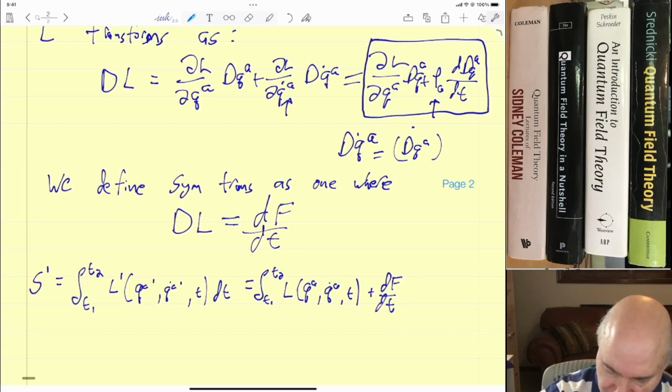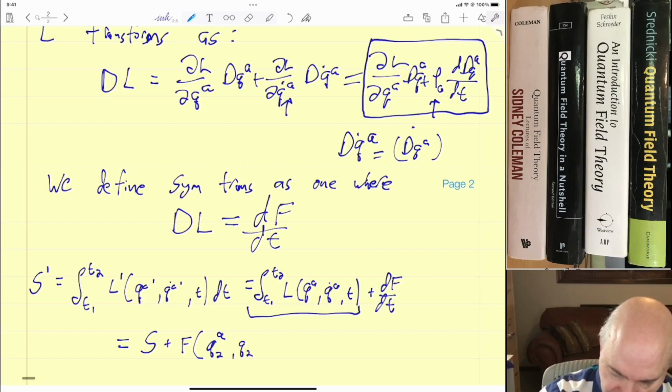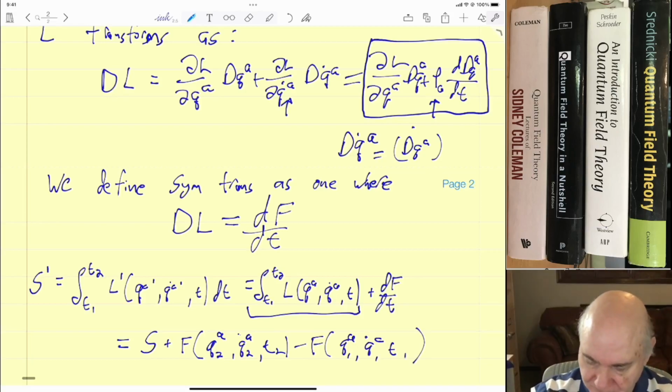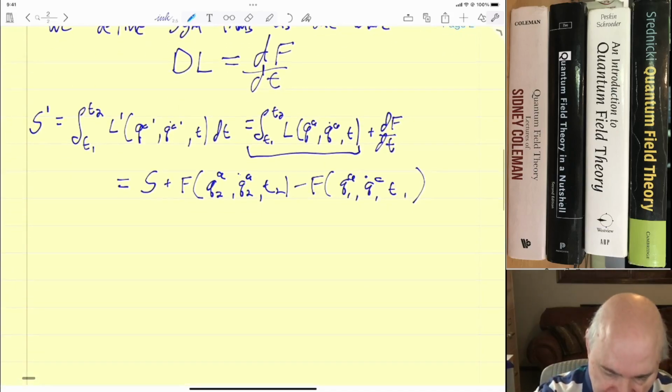And now this is going to be equal to the prior action S, plus f of Q2 A, Q2 A dot, and T2 minus f of Q1 A, Q1 A dot, T1. And the point is that this is a boundary term.